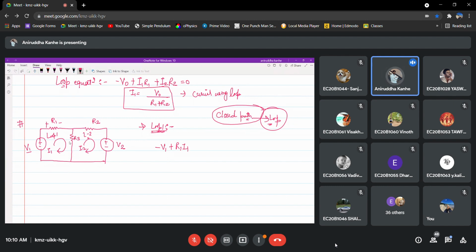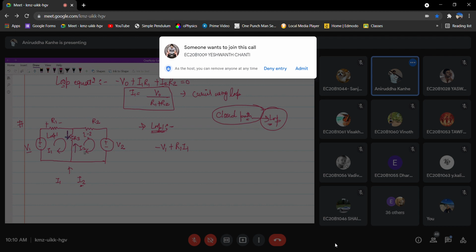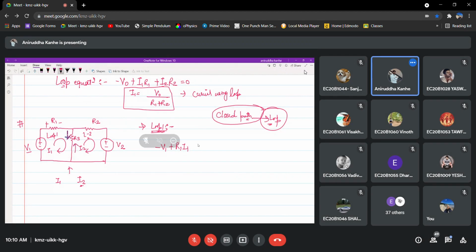Now the drop across R2 is because of two currents, the I1 component and the I2 component. The I1 is coming from top to bottom, whereas the I2 is going from bottom to top. So they are opposite of each other, so they are not contributing as an addition. It will be a subtraction.